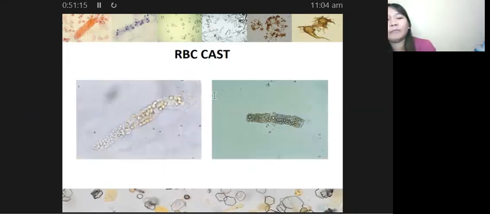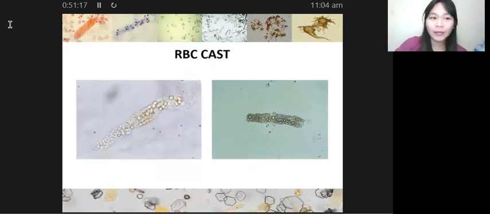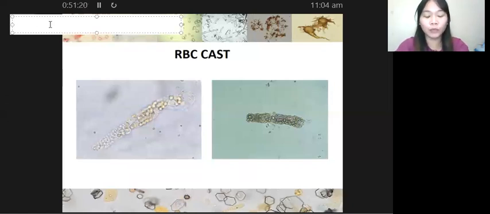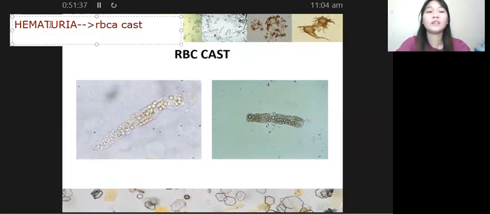Alright. Kung ang problema po natin, class, ay hematuria, syempre, ang mafo-form na cast ay talagang Rbc Casts. So the presence of your Rbc cast has a serious diagnostic implication.